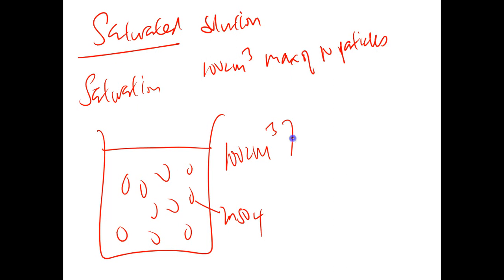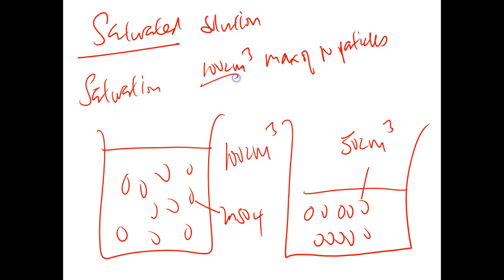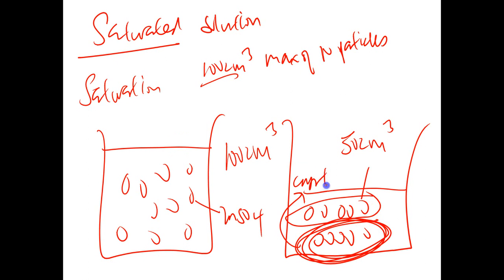If I evaporate off half of the water, now this is 50 cm³, and I still have 10 zinc sulfate particles inside. But 100 cm³ can dissolve 10, so 50 cm³ can dissolve how many? It can only dissolve 5. Which means these other 5 will come out of the solution as crystals.